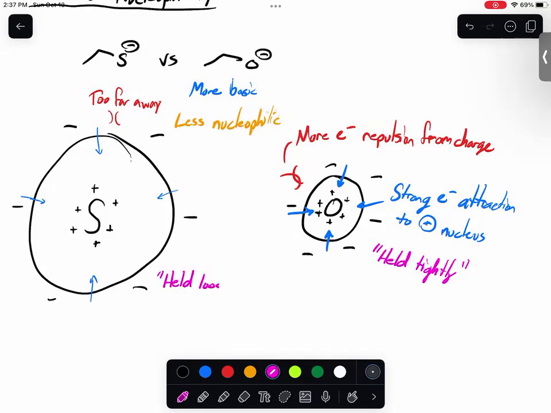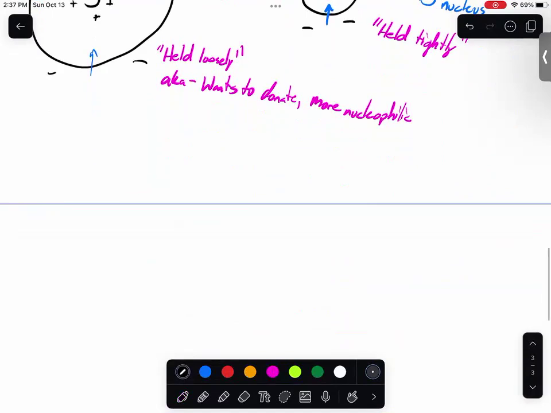And since it's held loosely, it wants to donate it, right? It has no reason to hold on to it, right? So, held loosely essentially just says, hey, it wants to donate, which makes it more nucleophilic. So that's why when we're looking at these, size is actually a little different from what you would expect. You would expect size to be worse in terms of nucleophilicity, but the bigger something is, usually the better a nucleophile it is.